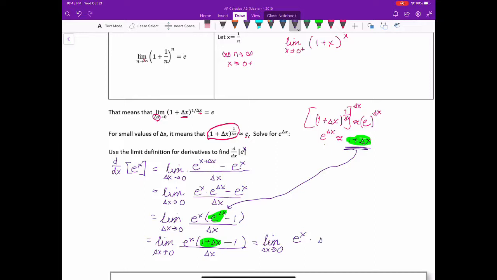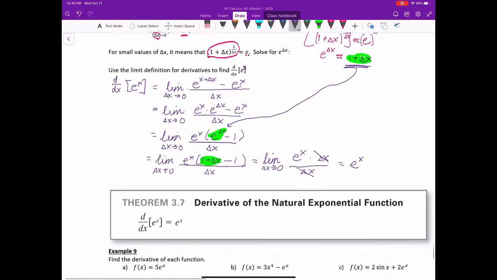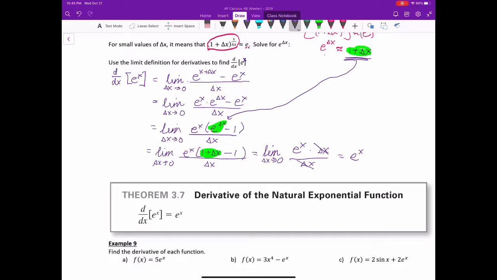So I'm left with a delta x all over delta x. Those two cancel each other out, and now we really don't have a delta x left over. So when I take the limit as delta x approaches 0, it doesn't affect e to the x at all. So that's just e to the x, which is really cool and neat, that e to the x is actually itself. When you take the derivative of e to the x, it just becomes itself.